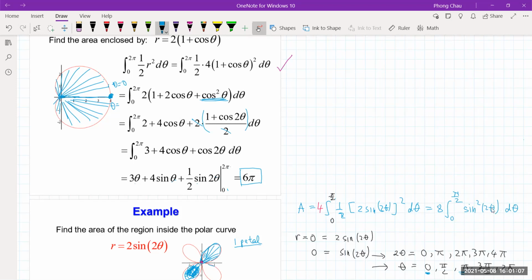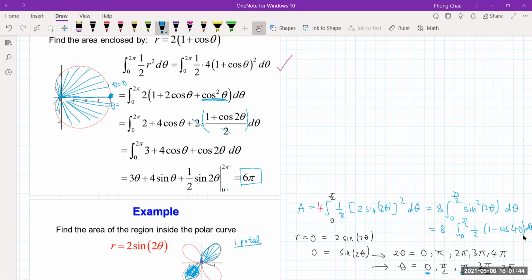And do not forget the sine squared. What did we say? The square, we have to use the power reduction formula or identities to reduce it. That is half times 1 minus cosine of twice this. Instead of 2 theta, it becomes 4 theta, d theta.